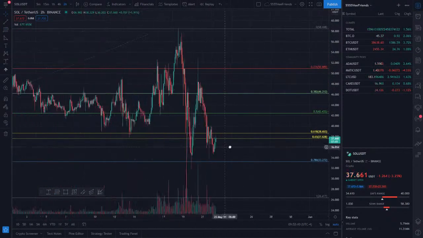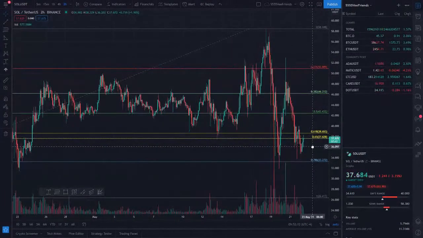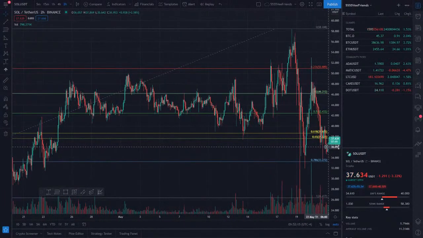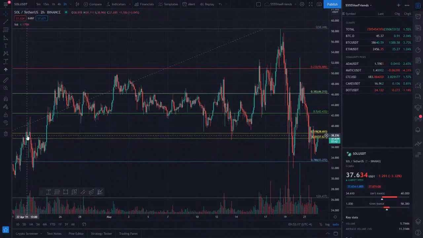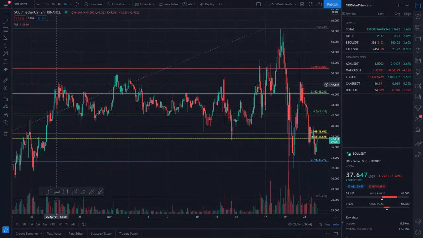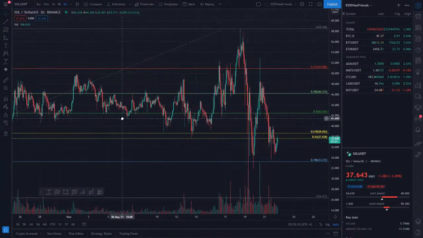Okay. So just looking at this quickly, there was a test, it gets rejected, starts testing it again. Remember, we're looking at 2 hour candles here. Testing it again, and it runs up, gets rejected over here, runs up, pops over, activity.